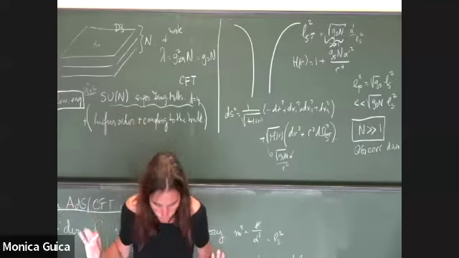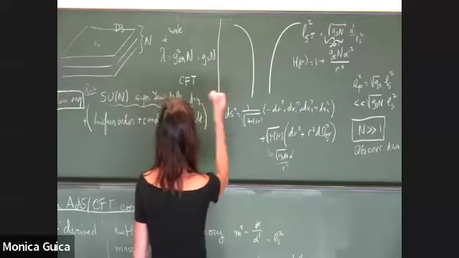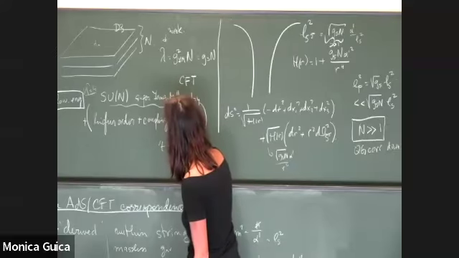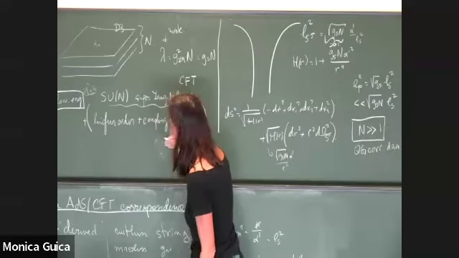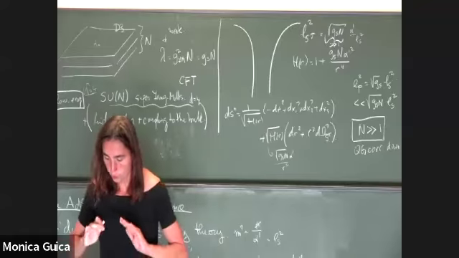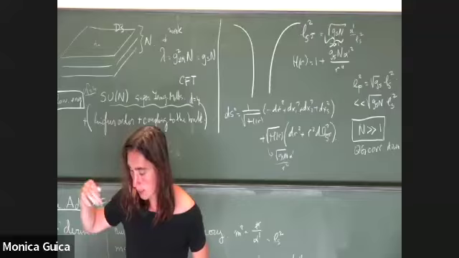Okay, so this is the setup. So basically, one looks at this correspondence in the so-called 't Hooft limit. Well, let me not mention it right now. But anyways, in order to trust these pictures, you need to take N very large and lambda fixed.